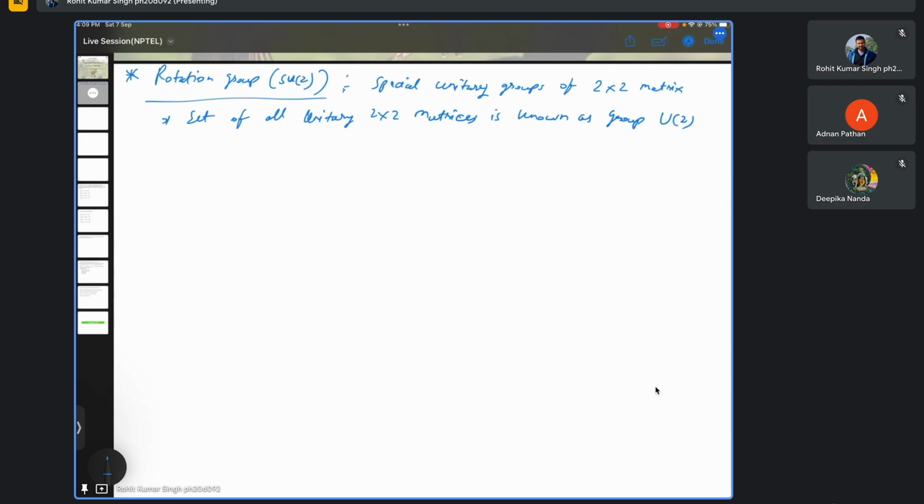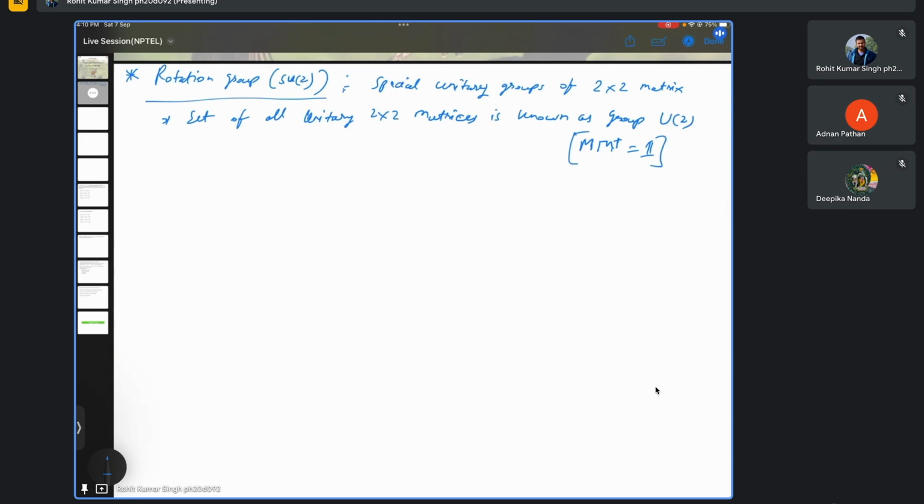Do you know about unitarity, or should I explain? Basically, unitary means if you have some matrix M and its Hermitian conjugate, and you multiply them, you get the identity matrix.